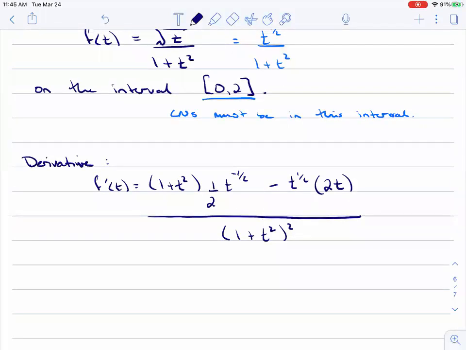Notice that I won't actually do anything to simplify the denominator. Most often I won't, unless you've got a square root here and you're squaring it, then there's an obvious simplification. But usually I just leave the denominator as it is.